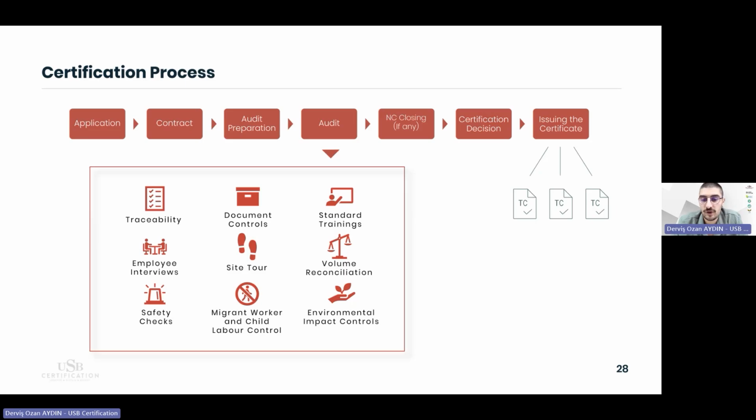Also, they have to ensure the volume reconciliation, which is the balance of the inputs and outputs. They have to ensure that safety checks, migrant worker and child labor controls are completed. And also environmental impact controls have to be ensured under GOTS and GRS standards during the audits.